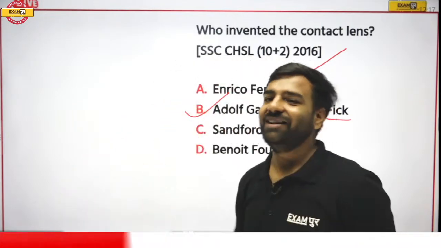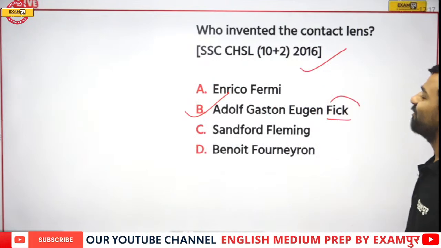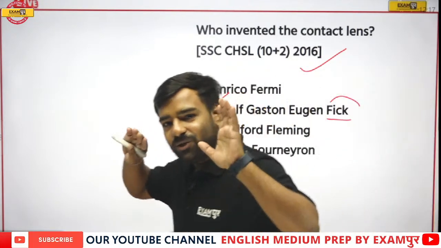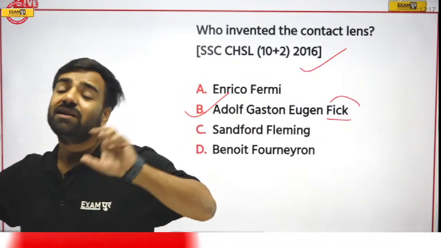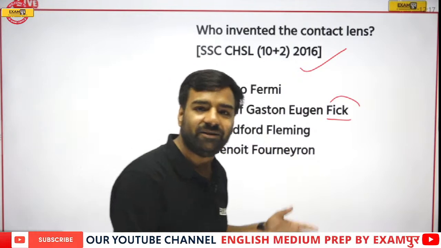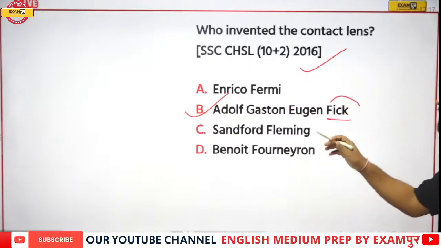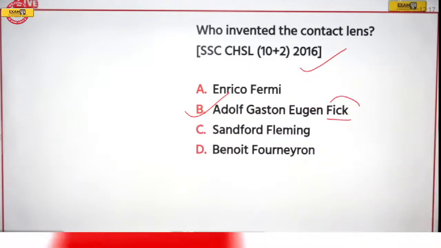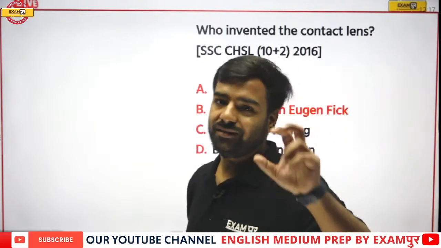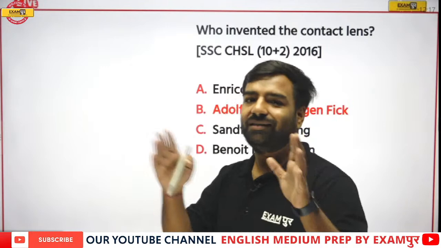So I guess you can relate it. If I talk about the flick, or Fick, you can relate it with the contact lens, that is, with the eye. You can create tricks of your own as well, but with these things you can remember easily. So you are absolutely correct, option number B is the correct answer. I guess this was the trick. I can't express it on the camera right now, but you can try to relate it.